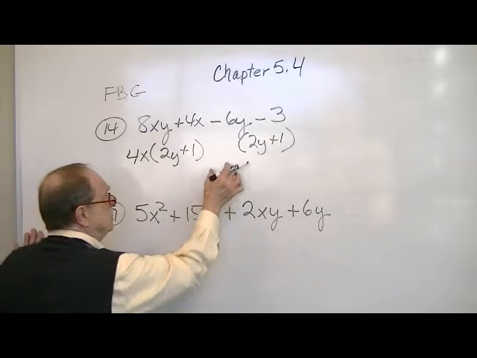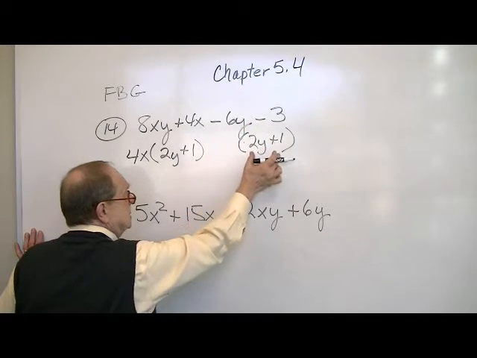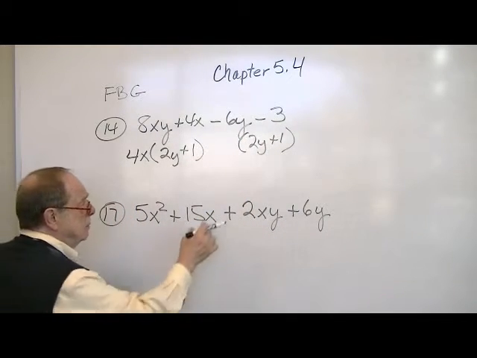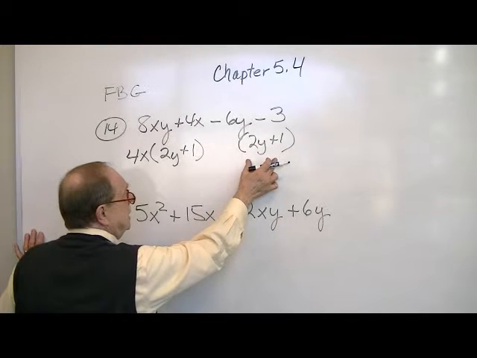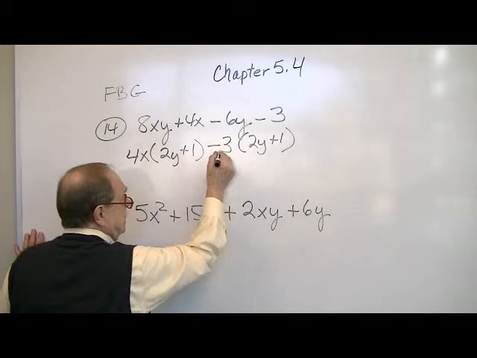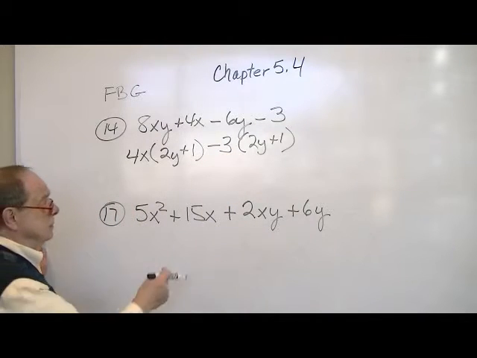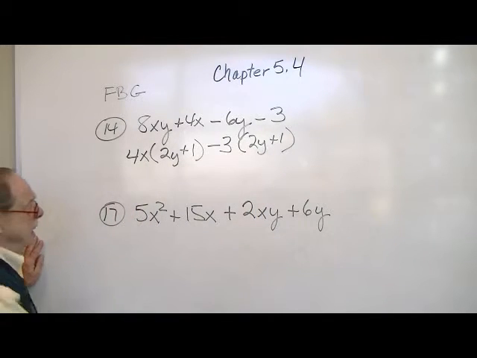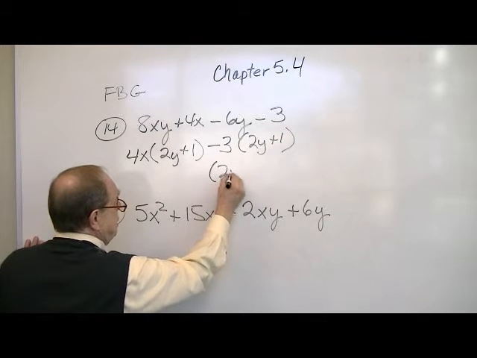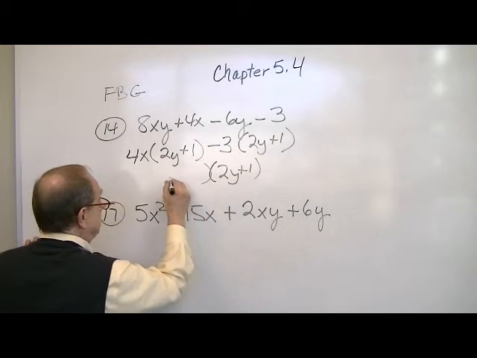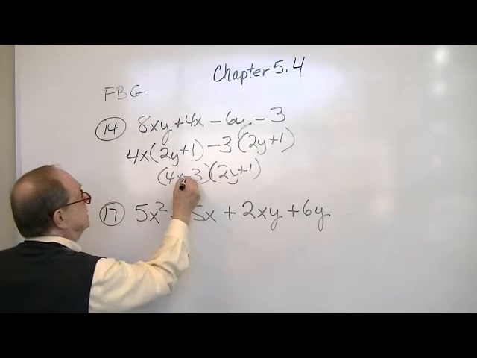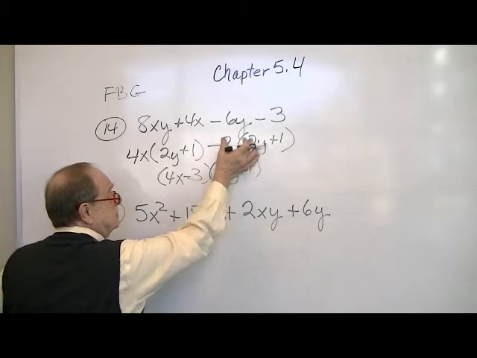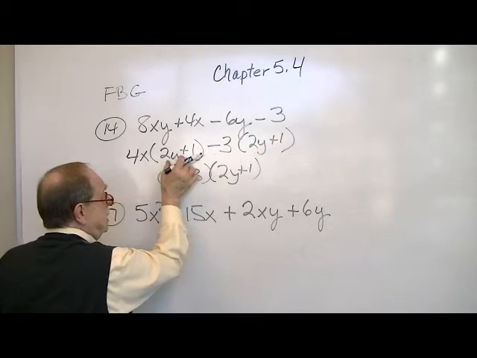And you might say, in order to get out of these two terms this, what is my common factor that will result in this? And the answer is a -3. And if you just distribute, you see you get that answer. And so now it's 2y plus 1 and 4x minus 3. So here we had to take out a negative to reverse the signs to get our common factor.